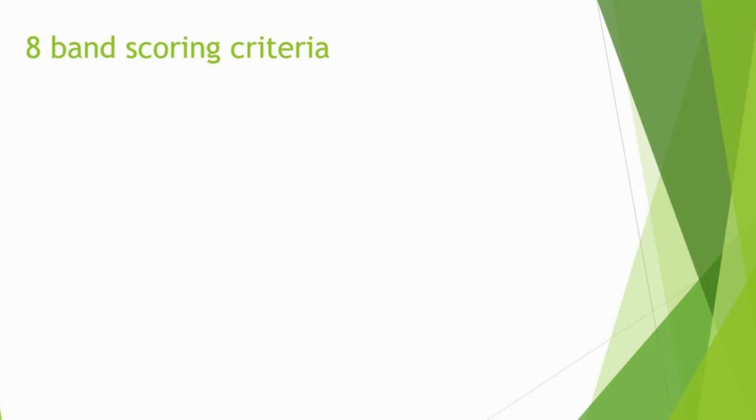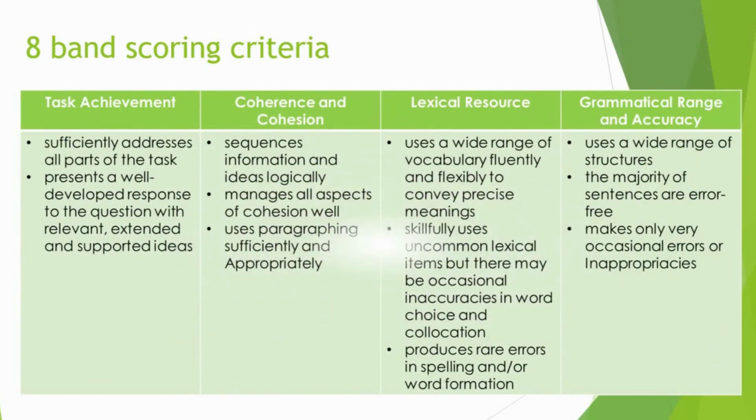Now let's try to have an idea of what you need to do to get 8 bands in the IELTS writing module. As I previously explained, there are 4 different criteria on which you will be marked individually in the exam. Let's discuss each one in detail. First, task achievement.